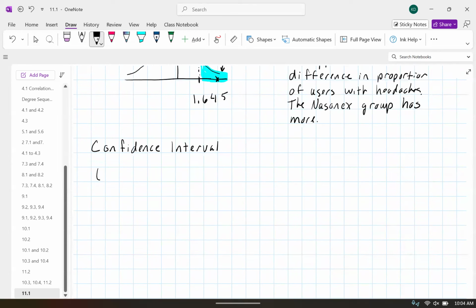All right, so our confidence interval, we get P1 hat minus P2 hat plus or minus.